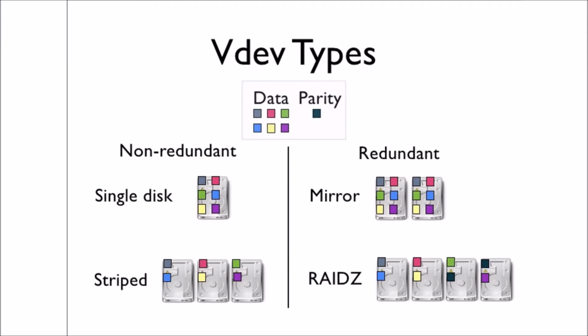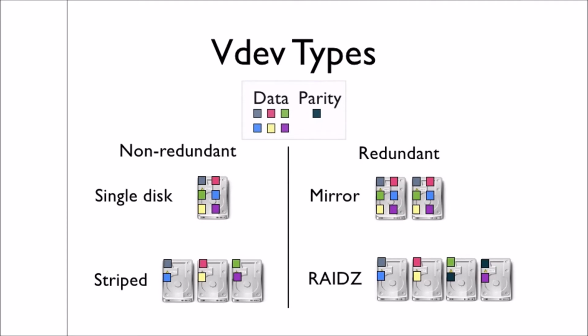The problem is that if one of those disks were to fail, I would lose whatever was on that. I could also combine them by striping them, which means writing part of a file on each of 2 or more disks. That has performance benefits, but again, if you lose any one disk, your data is gone.